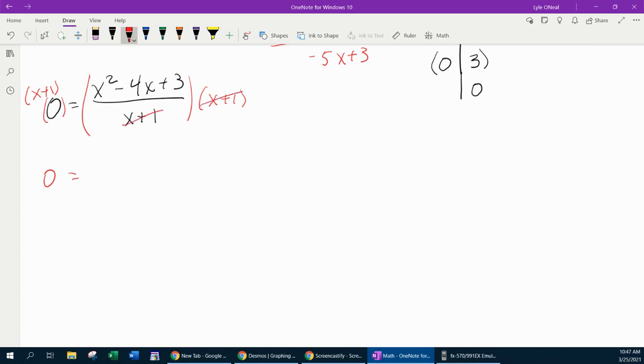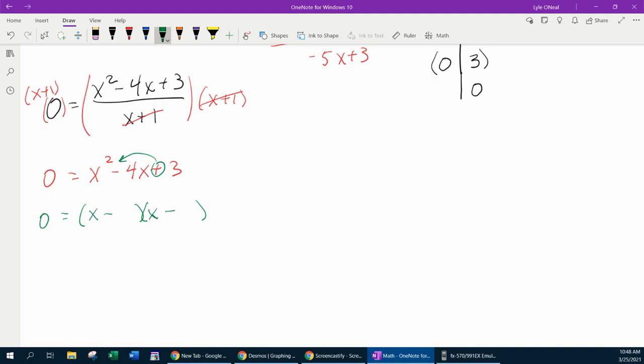On the other side, the x plus 1's cancel, leaving us a standard trinomial, a quadratic equation that we can solve by factoring. So to factor the standard trinomial, we're going to use parentheses, we're going to read the signs, and we're going to fill in the blanks.